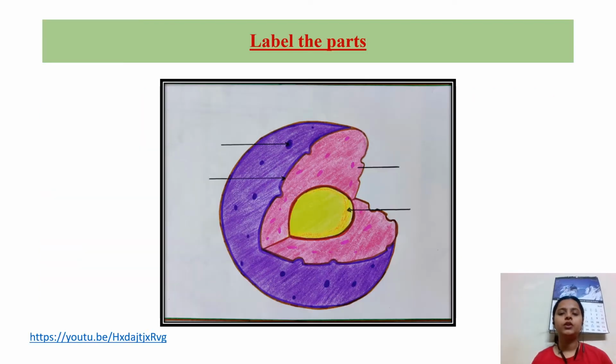So now let's move further. Here you need to label the parts. Now I want you students to label the parts of this nucleus. So let's label the parts. This portion is called nuclear pore, N U C L E A R, P O R E. This is nuclear membrane.